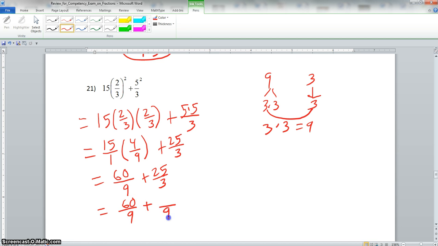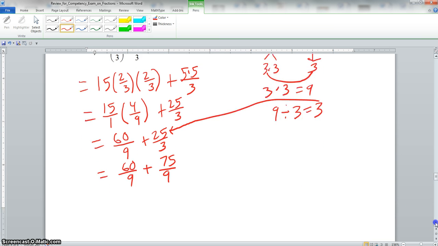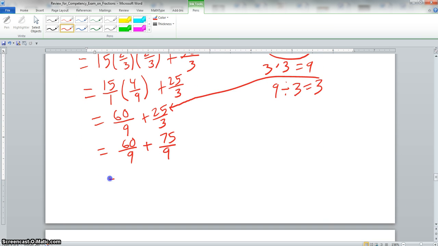Plus, this 3 would become a 9. So to find our numerator, we take the new denominator divided by the old denominator. That gave us 3, and we'll multiply it by this numerator. 25 times 3 is 75. So now we have 60 plus 75, which is 135 all over 9.